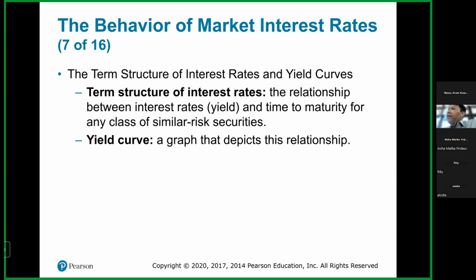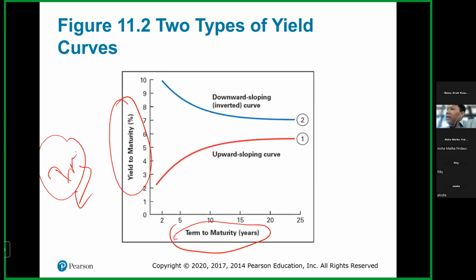So we have what we call the yield curve. The yield curve is a graph that depicts this relationship. Again, this is the term structure of interest rates, which shows the relationship between yield to maturity, the interest rate that we are expecting to receive in the future, and its maturity.